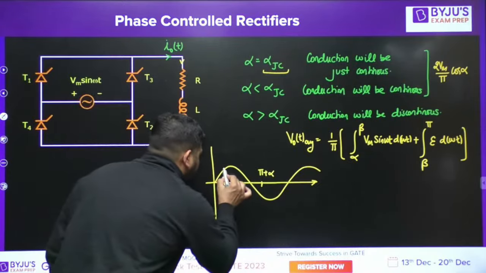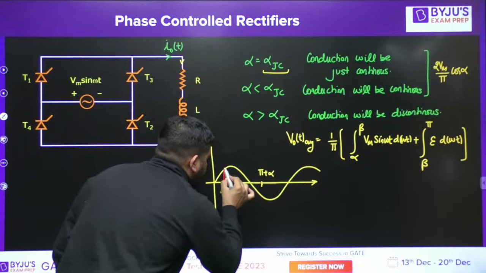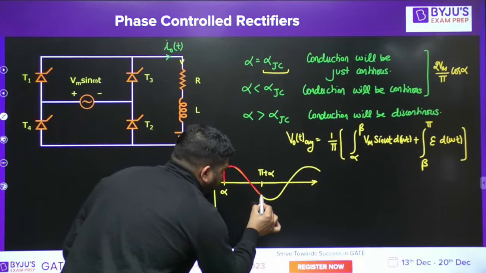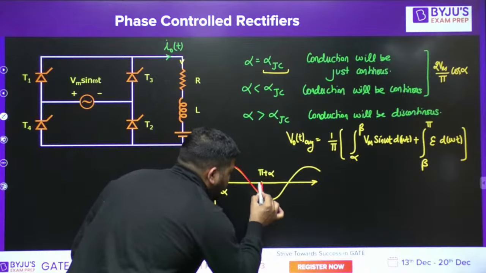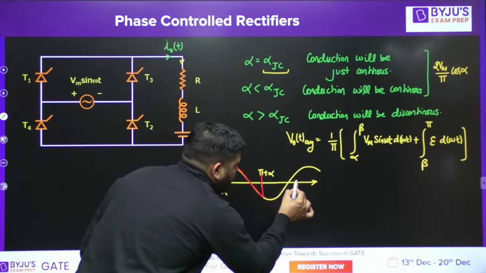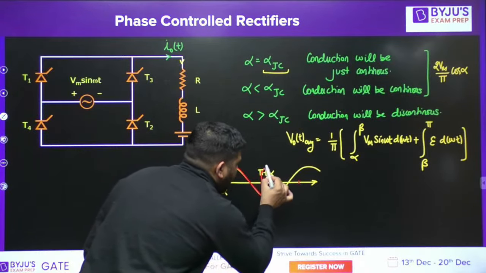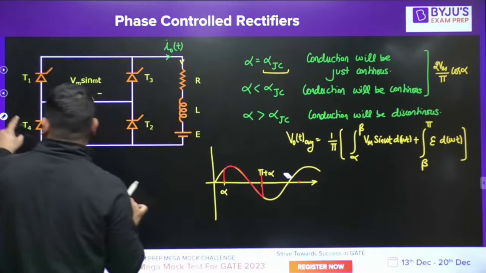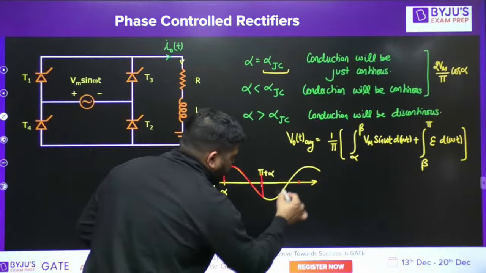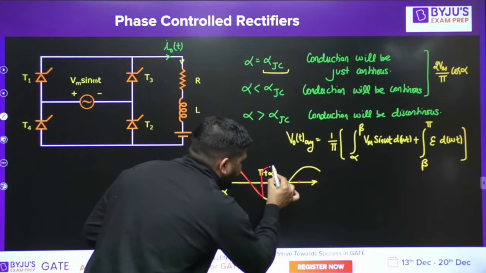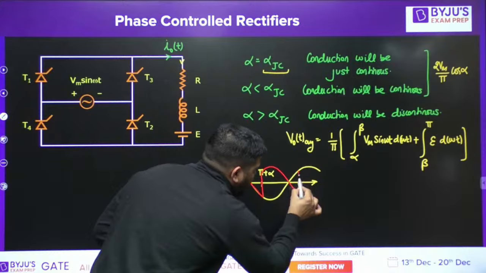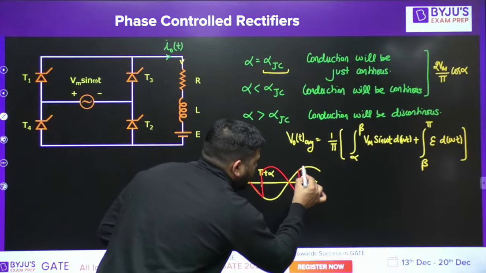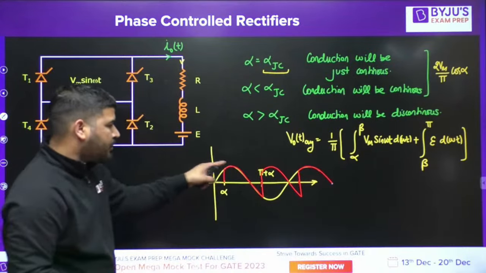From alpha to pi plus alpha, the output voltage will be same as the supply voltage. And then from pi plus alpha to 2 pi plus alpha, since T3 T4 are conducting, the output voltage will be negative of the supply voltage. Whatever the supply voltage is, the negative of this will be the output voltage. I hope you understood it. So the red line will be the output voltage.